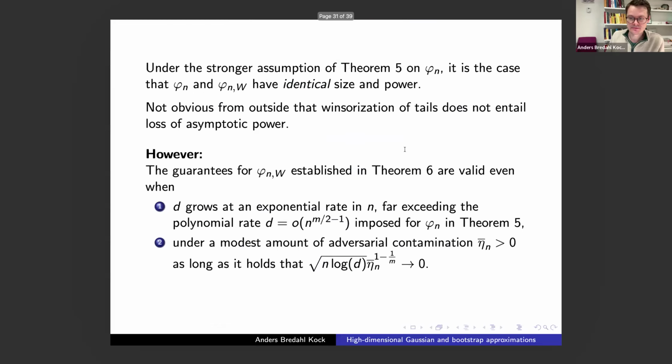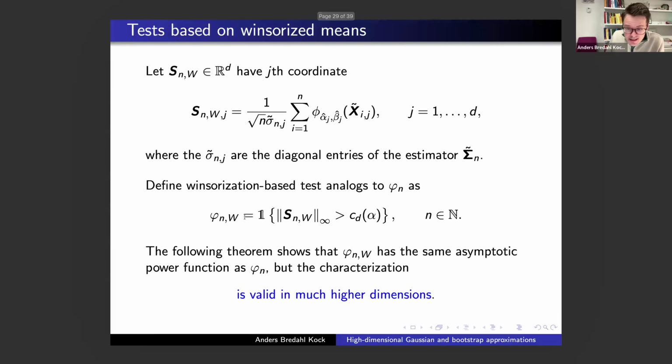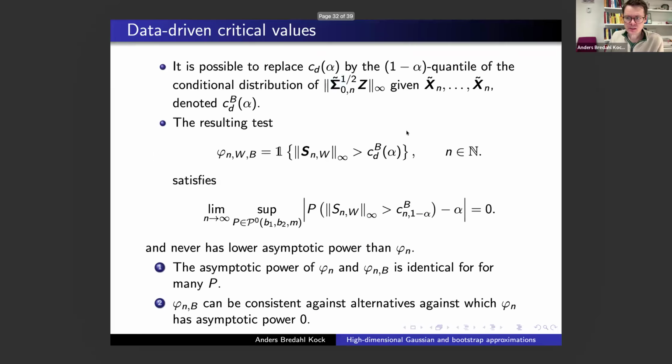It is the same as the sequence of tests here based on winsorized means, but instead of using the c_d alphas from the limiting Gaussian with an identity covariance matrix, I now sample from a limiting Gaussian whose correlation matrix is my estimator of the correlation matrix. For this sequence of tests, one can show that no matter which p in the null I consider, the rejection frequency will be close to alpha.